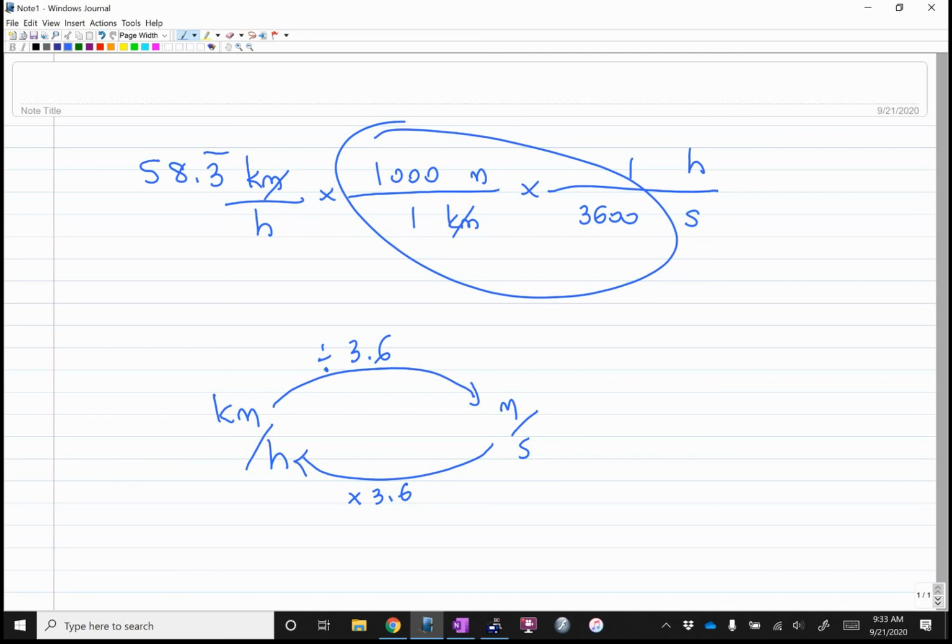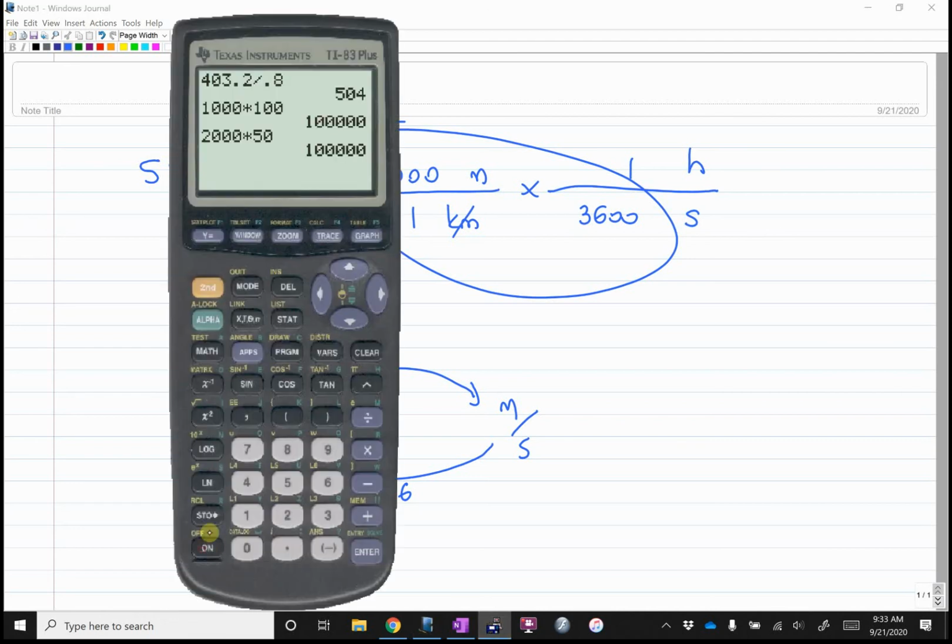So, do you all still have that 58.33333333? Okay. I would like you all to find your answer button. If you don't know where your answer button is, this is your chance to ask, because you're going to go answer button and then divided by 3.6.